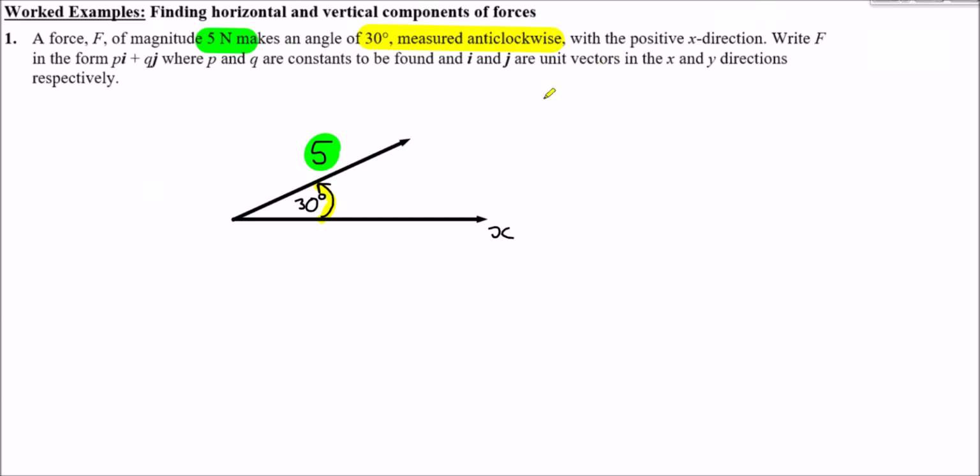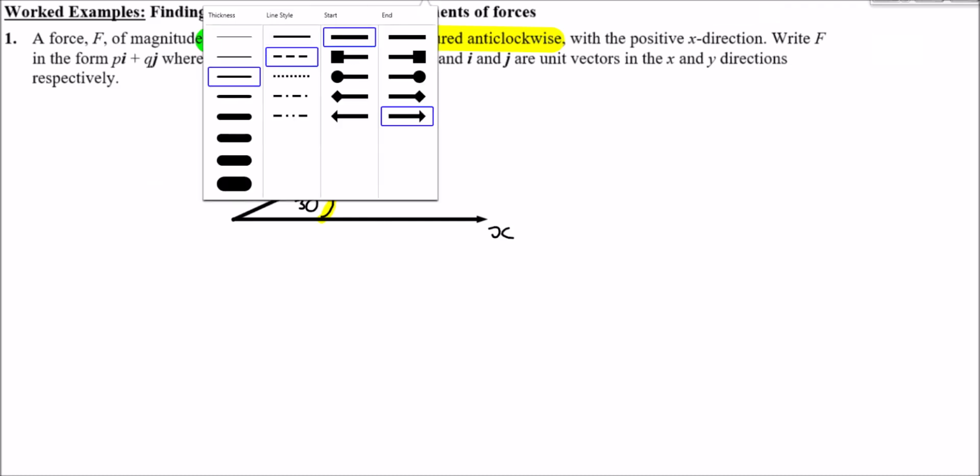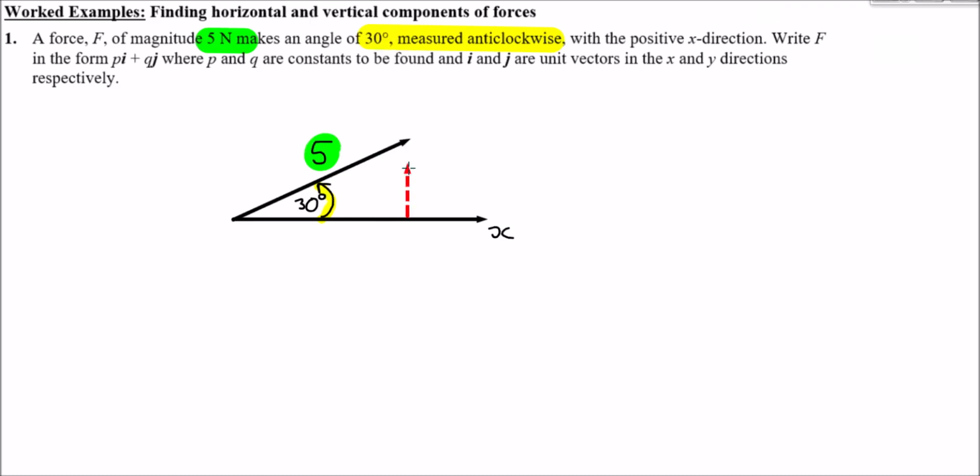So we need to resolve this into two separate components. So like I said earlier, I do think the easiest thing to do first is to do the opposite side. So if I just split this into a nice dotted line, then the vertical component opposite to the angle is going to be the hypotenuse 5 sine of this angle.